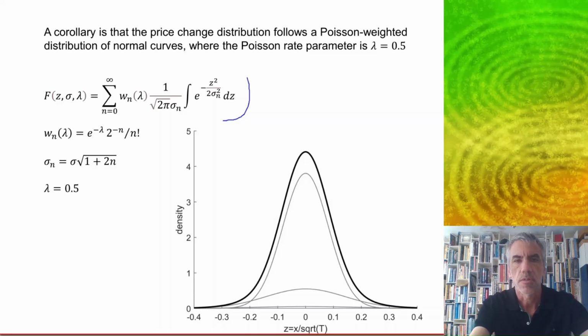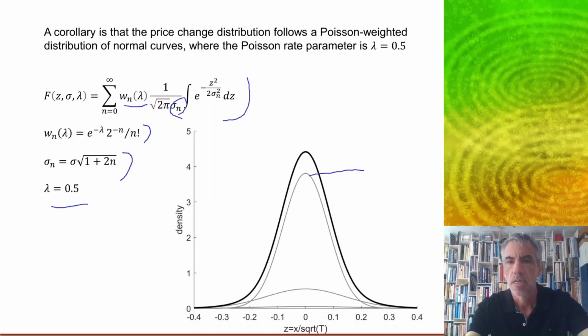These are the Poisson weighting terms, which are given by this formula, and then we have a bunch of Gaussians with standard deviation sigma n, which are given by this formula, and we're using lambda equals 0.5. And the distribution looks like this plot, so it's composed of these different terms. This is n equals 0, n equals 1, and so you can see it's converging very quickly to this Q distribution shape.